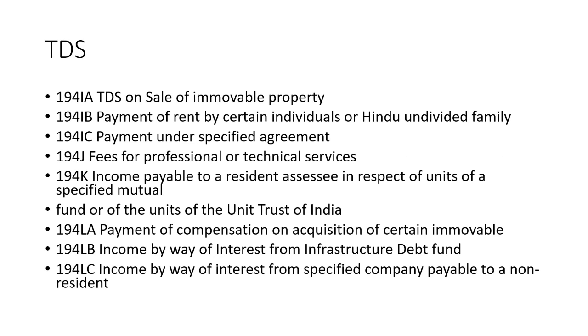194IA, immovable property. You know, under income tax provisions, when a property is sold and the value under the Stamp Duty Act is more than 50 lakhs, the buyer, when he pays money to the seller, is required to deduct TDS at the rate of 1% under section 194IA, and this is to be disclosed in 26AS.